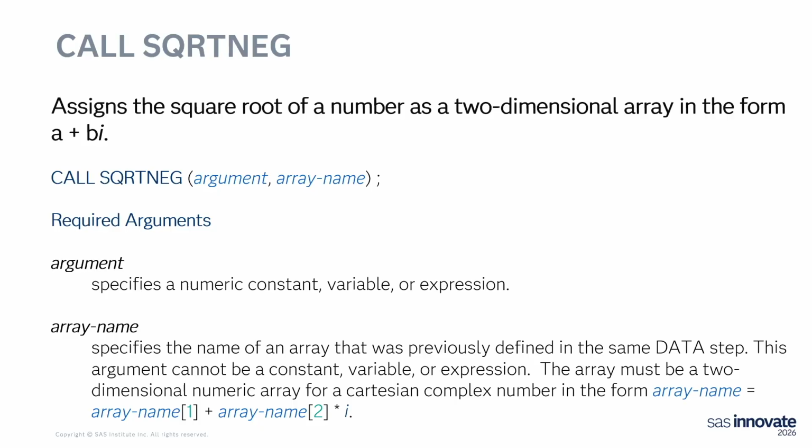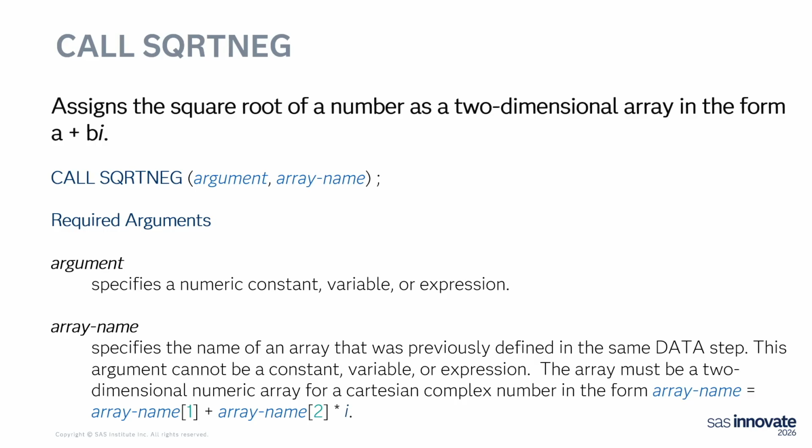So if we're going to write up CALL SQRTNEG, what would the documentation look like? It might look like this, where the call square root negative is going to assign the square root of a number, a scalar number, a real number, as a 2-dimensional array in those components, where the first part is the real and the second part is the imaginary.